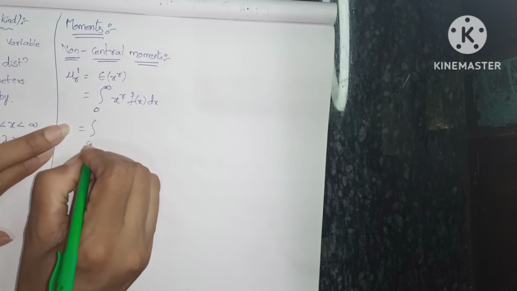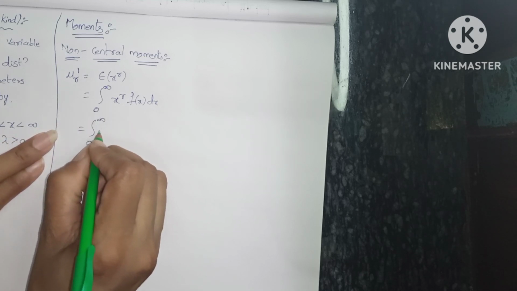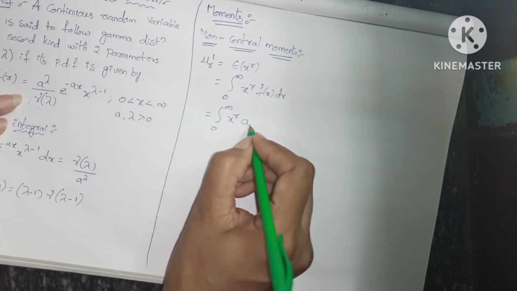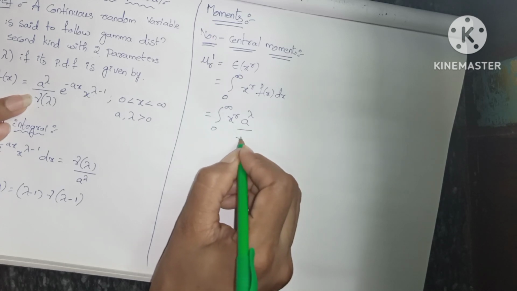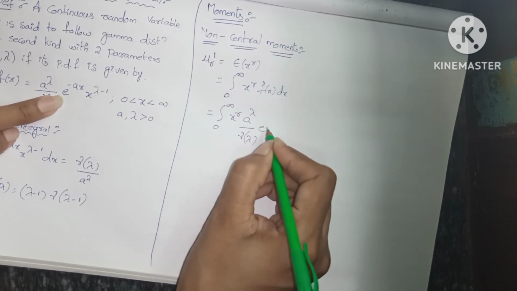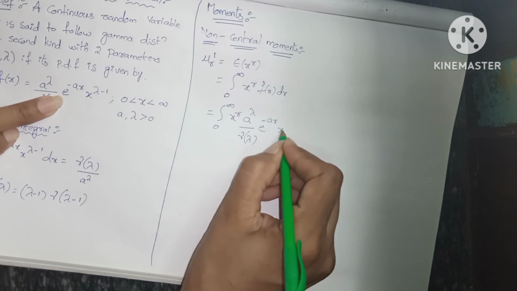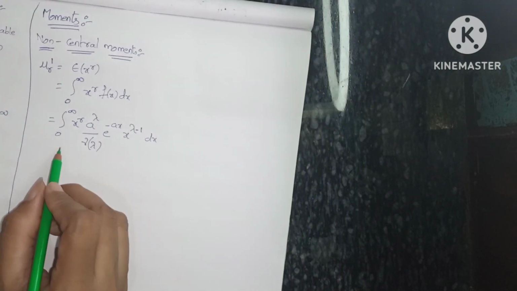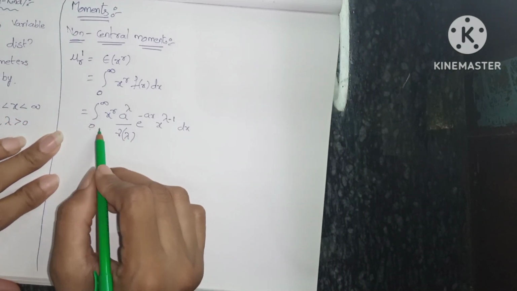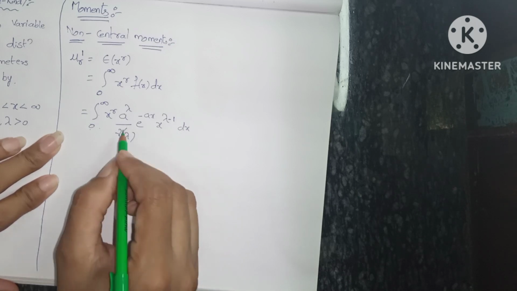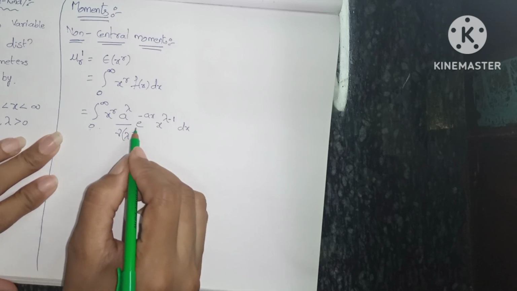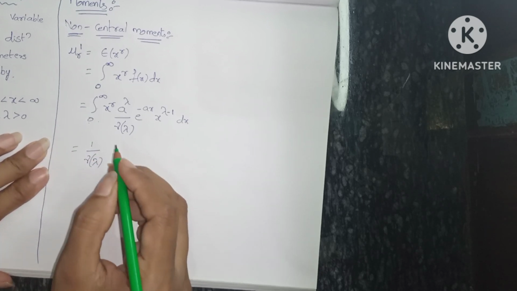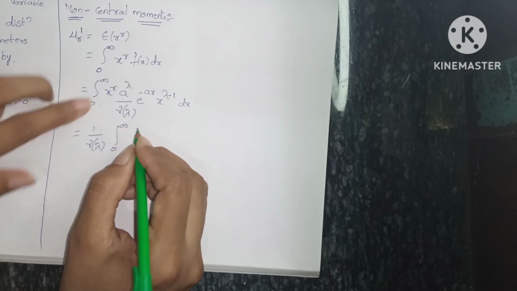So integration from 0 to infinity of x power r into a power lambda by gamma of lambda into e power minus ax x to the power of lambda minus 1 dx. Here we are integrating with respect to x, so gamma of lambda is a constant.